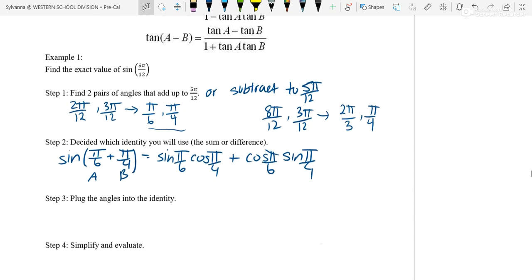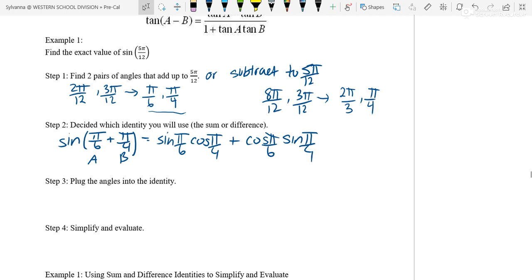So I already did step 3. I plugged the angles into the identity, and now I want to simplify and evaluate. Maybe I should draw my triangles to figure this out.